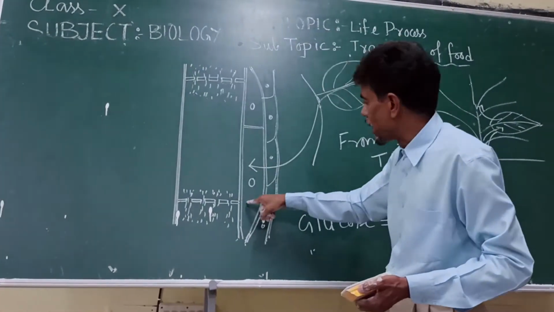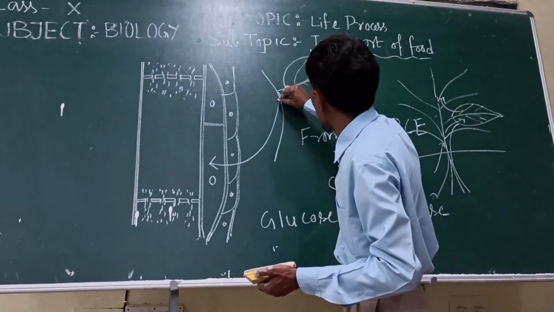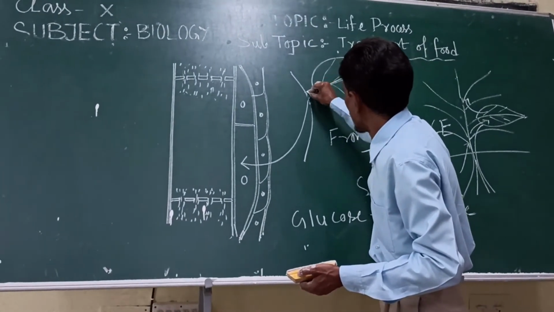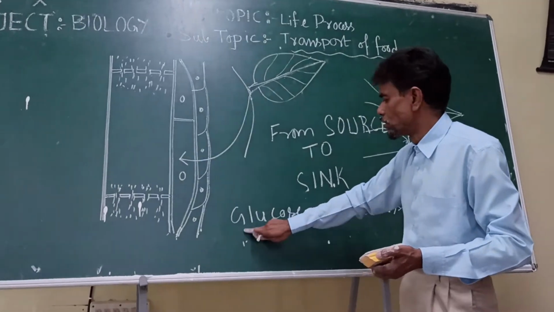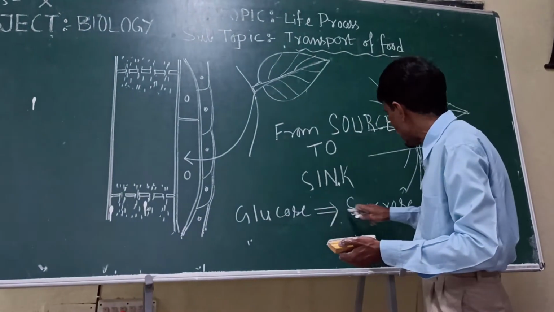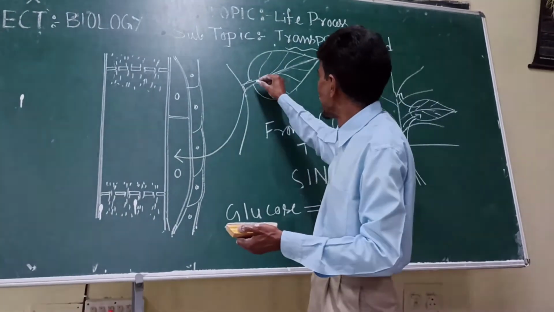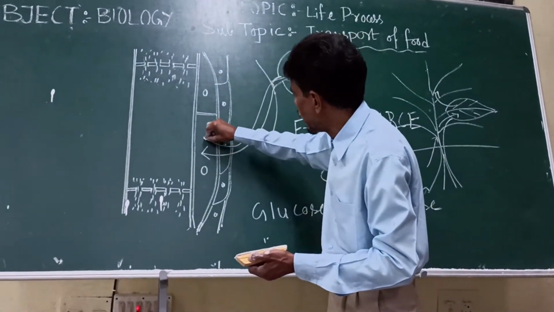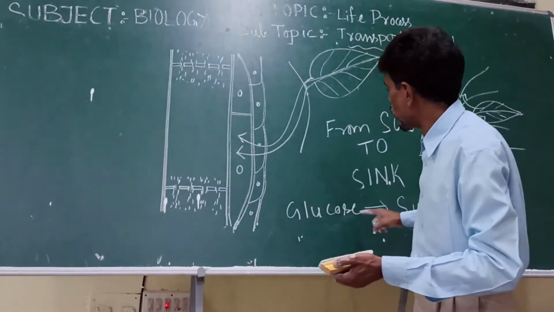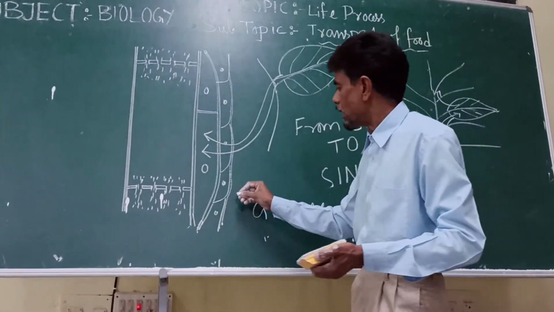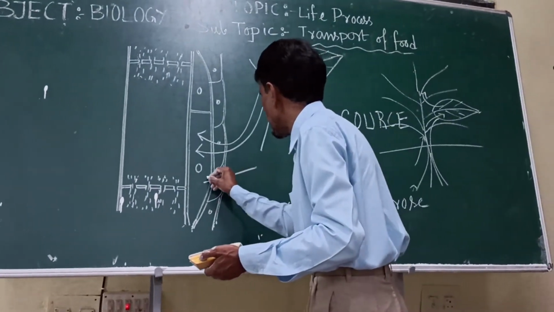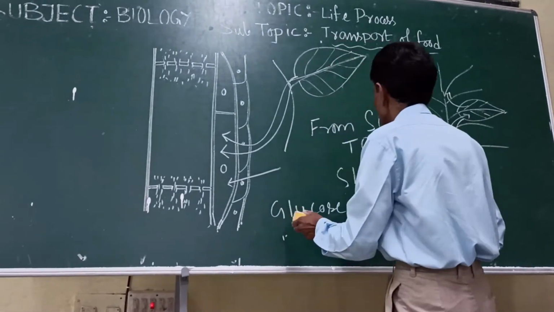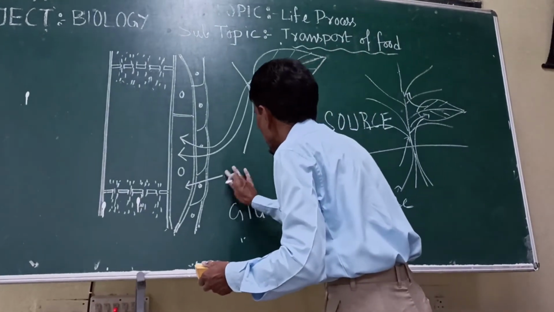This is the companion cell. The food so prepared in the leaf is earlier produced in the form of glucose, then glucose is converted into sucrose, and this sucrose is then actively loaded to the companion cell.